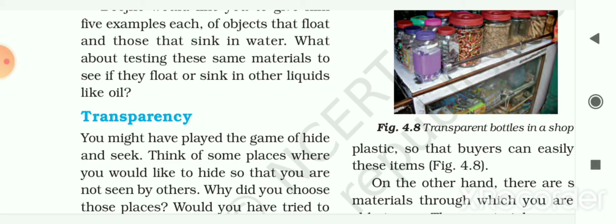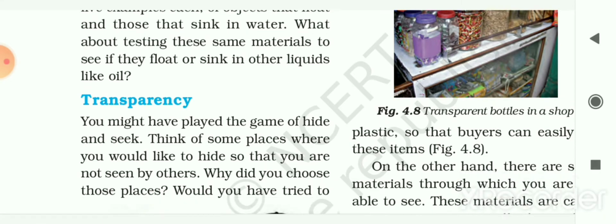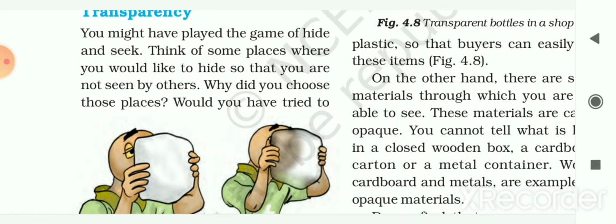You might have played the game of hide and seek. Now think about the places where you would like to hide so that you are not seen by others or your friends. What are the places? You will mostly hide behind the walls or behind the doors.